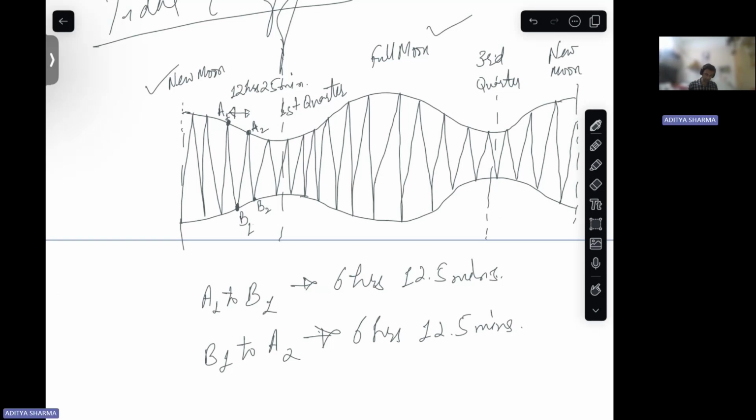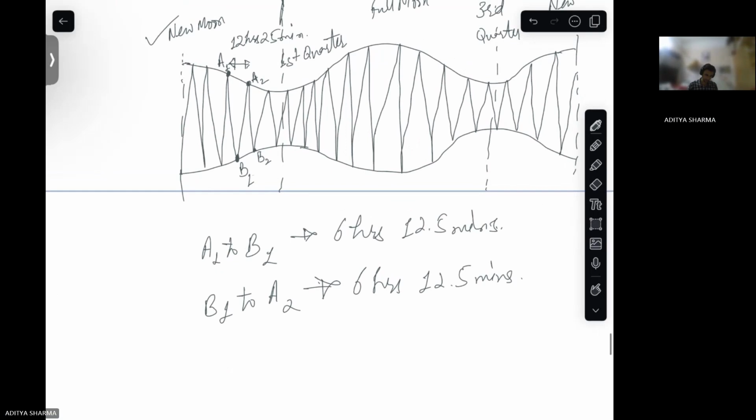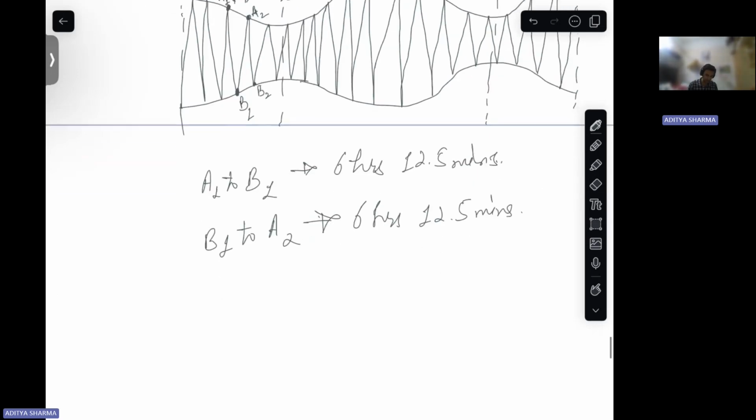So in 24 hours 50 minutes, you will have two high tides and two low tides, right? And one high tide and one low tide in combination is used to harness tidal energy, because when high tide comes, your dam gets filled.